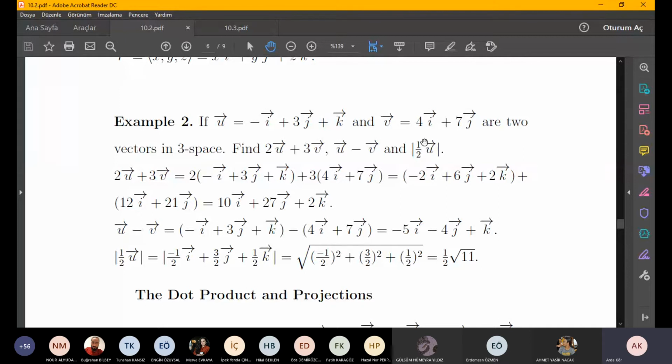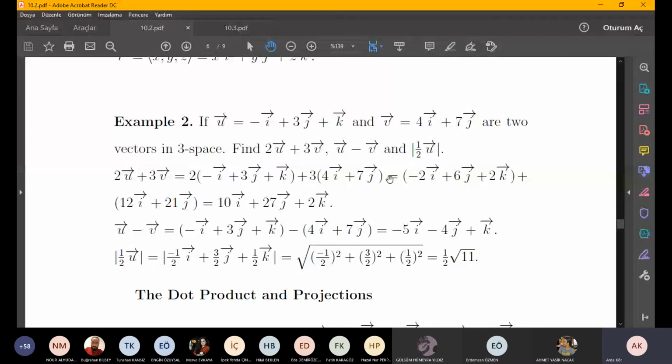1/2 times u. First we need to compute 2 times u, so if you just multiply u by 2, it will be a vector with components -2, 6, and 2. And if you compute 3 times v, it will be a vector with components 12, 21, and 0. After that, you should just do the addition between vectors.